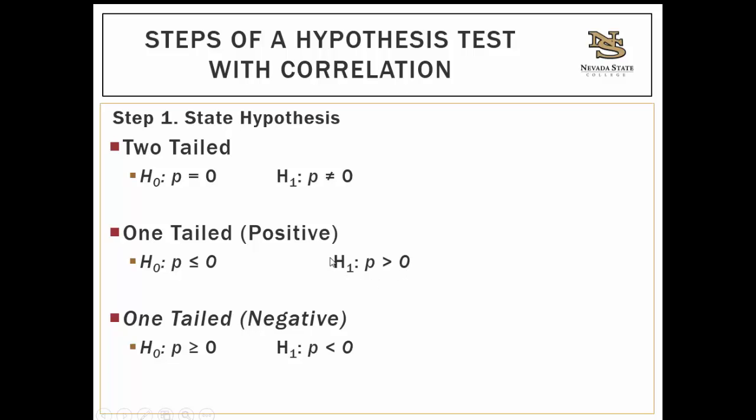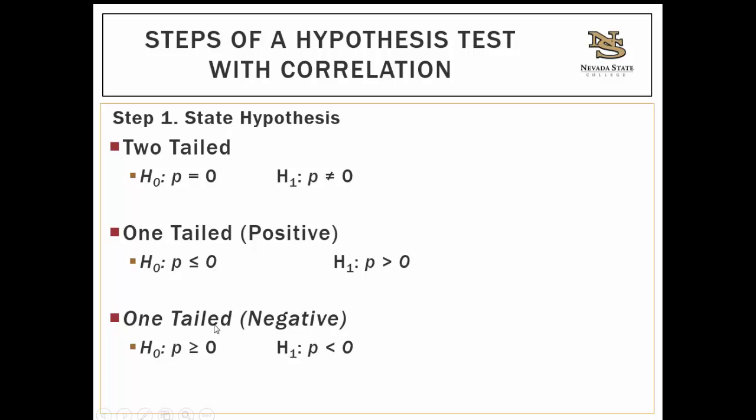If it's positive, it's going to be anything above 0, from 0 to 1. Remember, you can't have a correlation that exceeds a value of 1. All right, null: if it's not greater than 0, it's less than or equal to 0. So if we have a one-tailed test expecting a positive relationship, the null would say that in the population, there's either a negative relationship or no relationship at all.